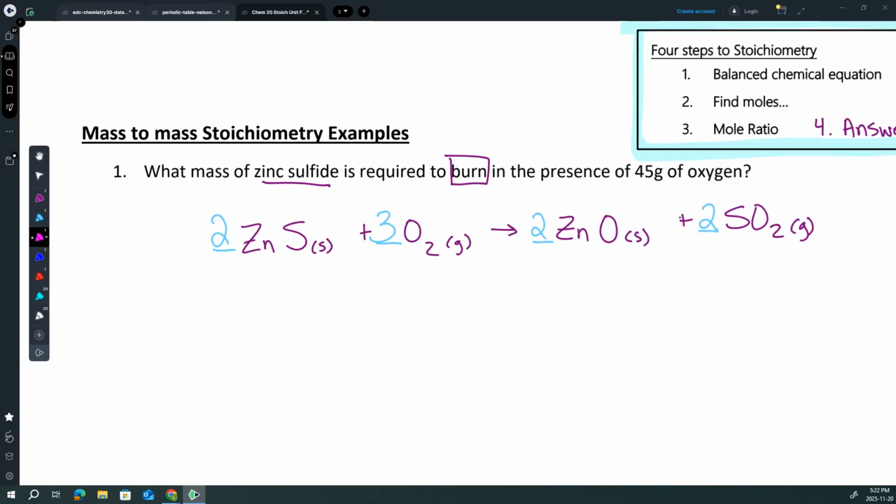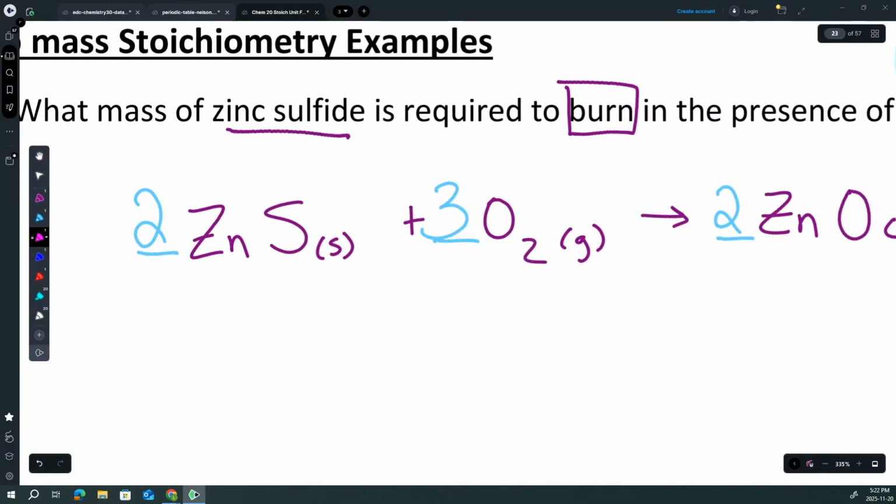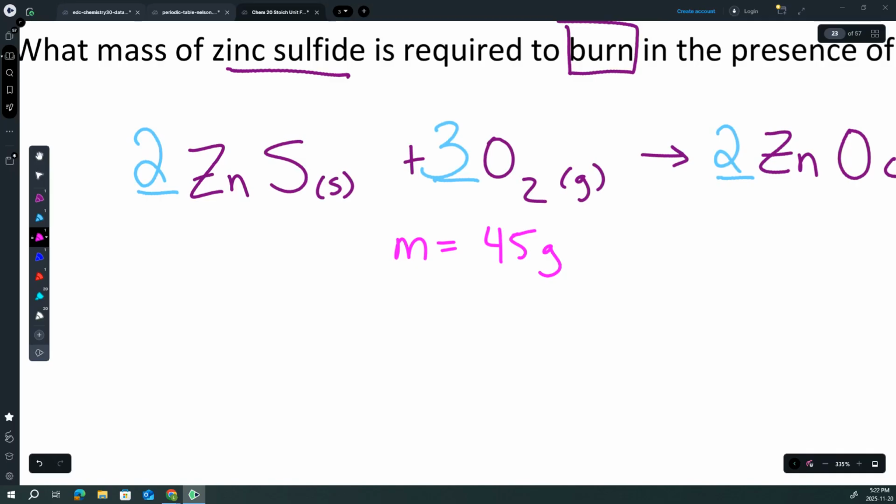Before step number 2, we're just going to organize our information first. So we're told we got 45 grams of oxygen, so let's write that here. Whenever we have the mass for something, or we're asking for the mass of some chemical species, we're always going to want to write out the molar mass and just get that out of the way.